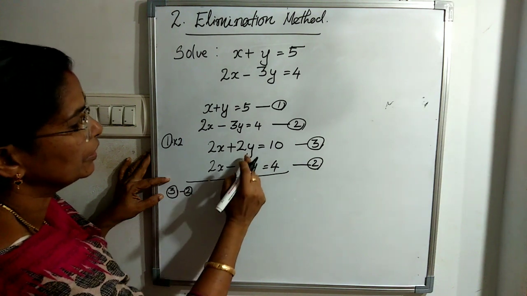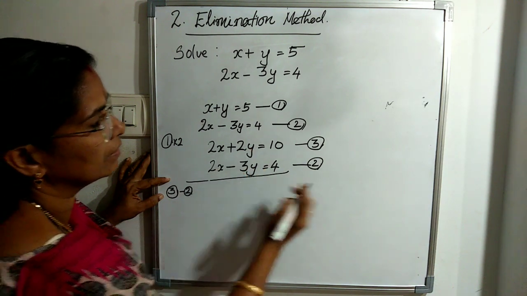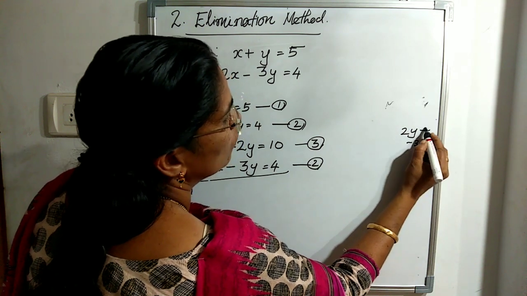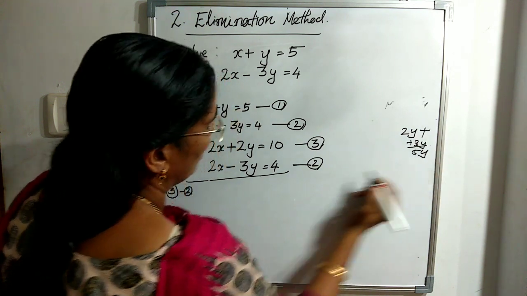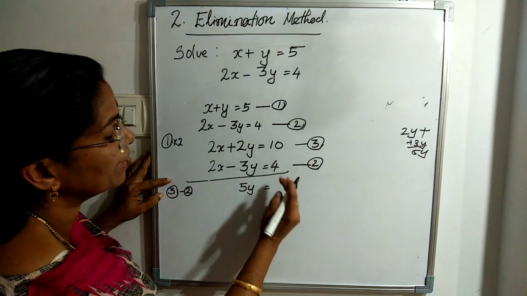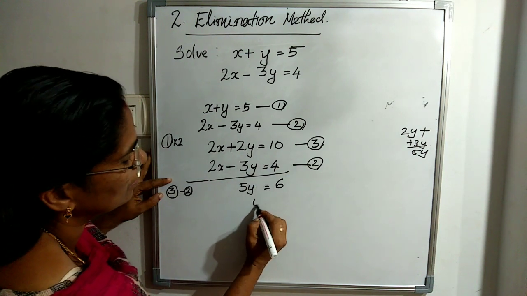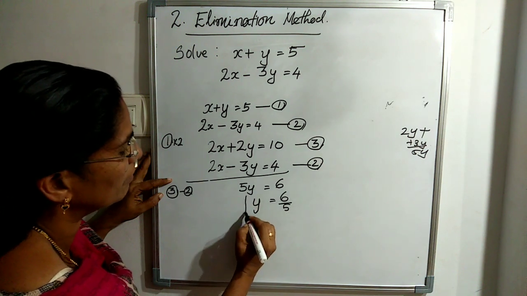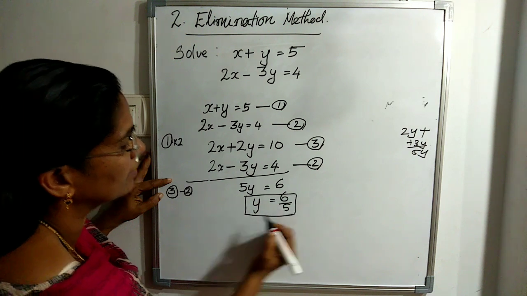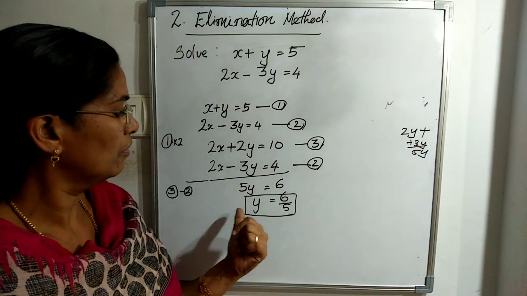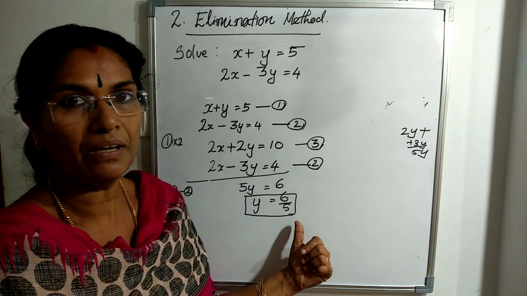Now write 2y minus 3y, which is minus y. So it becomes minus y equals 10 minus 4, which is 6. So y is equal to 6 by 5. So we got the value of y. We eliminated the variable x and found the value of y, that is 6 by 5.